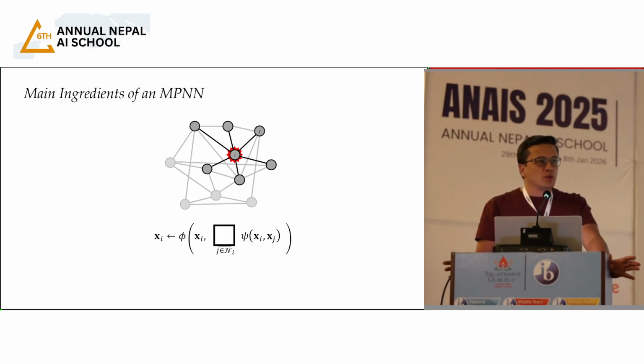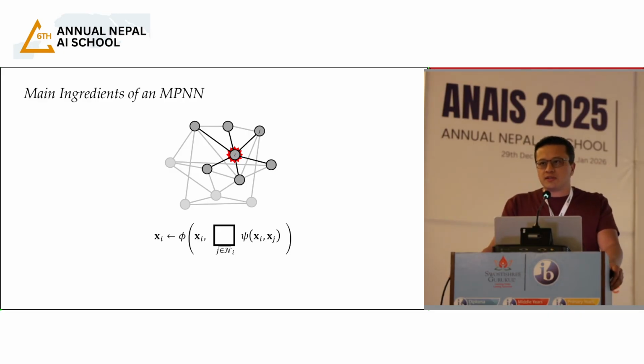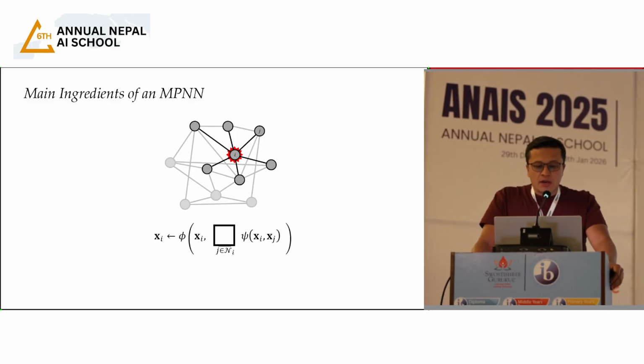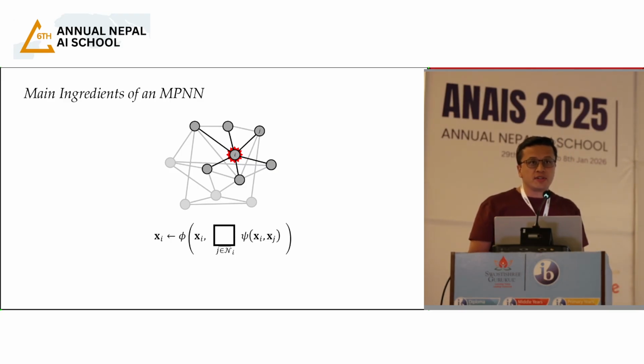Now, in this lecture, we will first introduce a general framework called message passing neural networks, which is known to encompass a vast majority of graph neural networks. Many graph neural networks are instances of this framework. How does it work? At every layer, we are updating the node representations in an iterative manner.